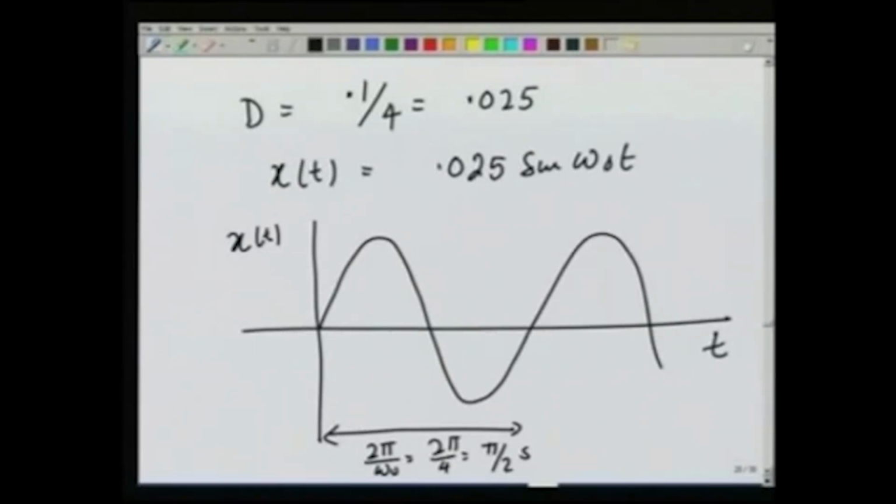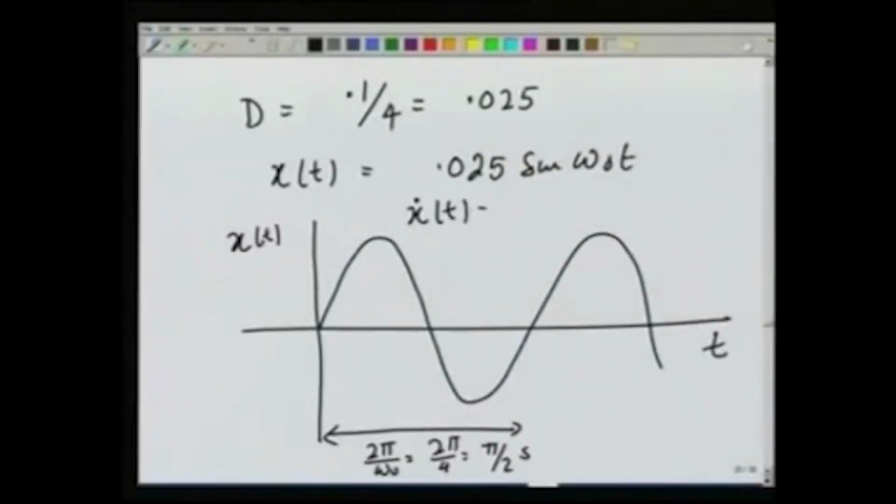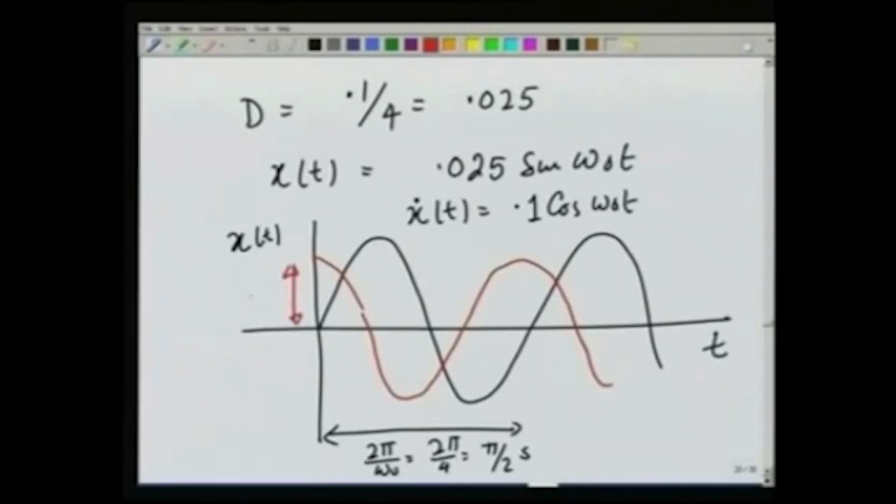The velocity in this case, x dot t, is going to be 0.1 cosine of omega 0 t, as you can see easily by differentiation, and therefore when I plot it, it will look something like this, with the maximum being 0.1 meters per second at t equal to 0, which we saw, with which we really hit the mass in the beginning.